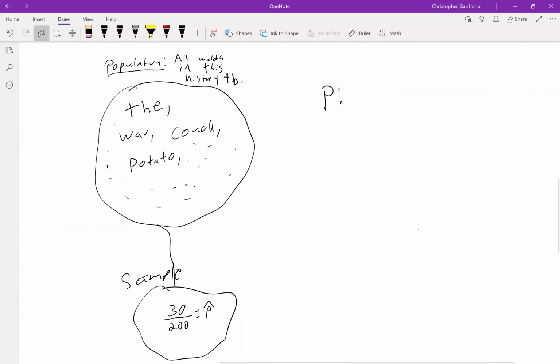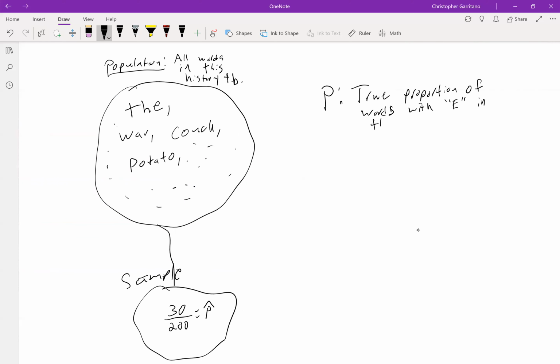So the parameter of interest is the true proportion of words with the letter E in this textbook. And we're interested, is this textbook different from what was already stated, which is 11%.